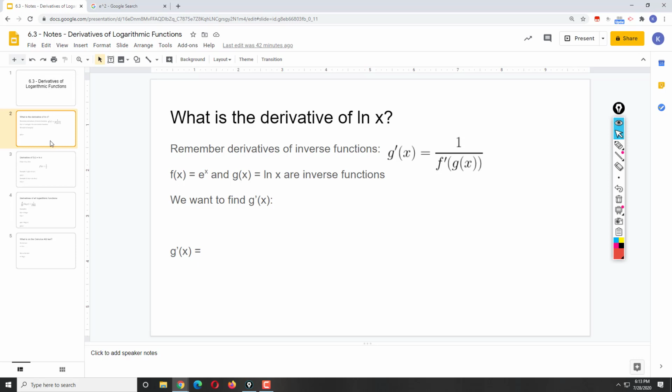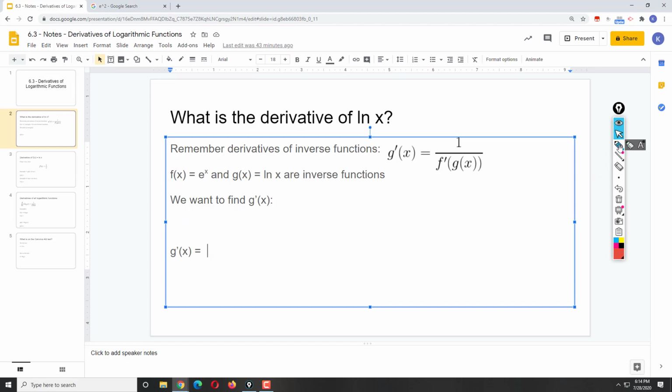We want to find the derivative of ln x, so we're looking for g prime of x. Applying this definition, g prime of x is going to equal 1 over f prime of g of x. g of x is ln x, and f of x is e to the x.